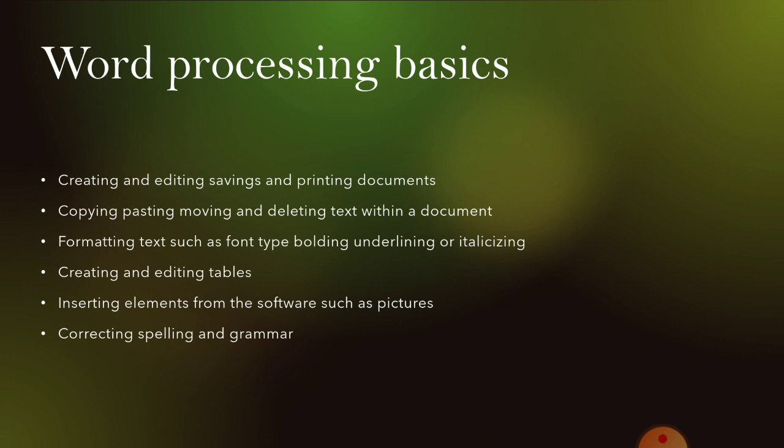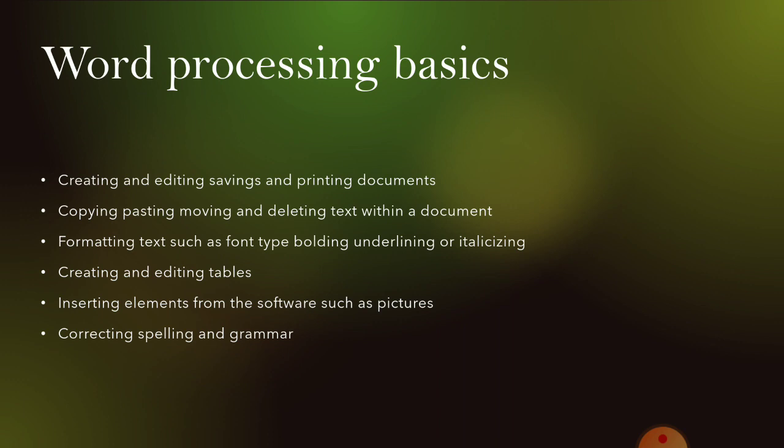Creating and editing tables: you can use tables inside your document. Suppose you want something in tabular form, then you can use tables. Inserting elements such as pictures: you can add extra images in your document, as the inserting option is there.